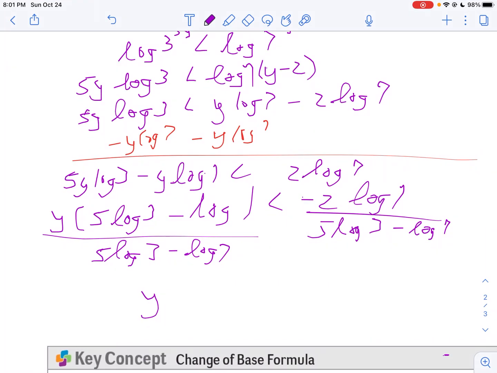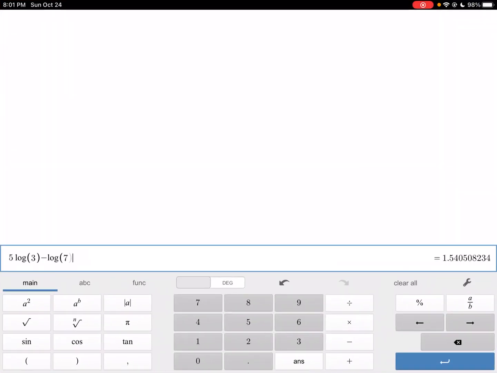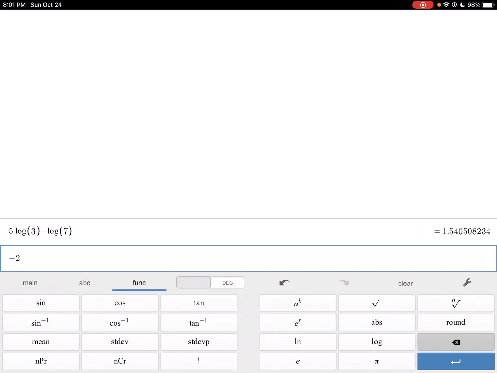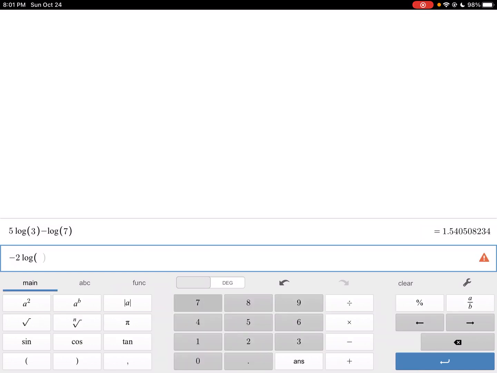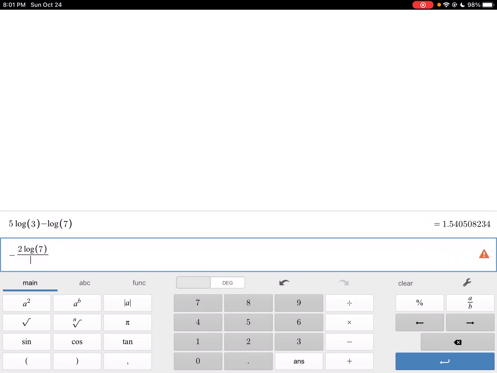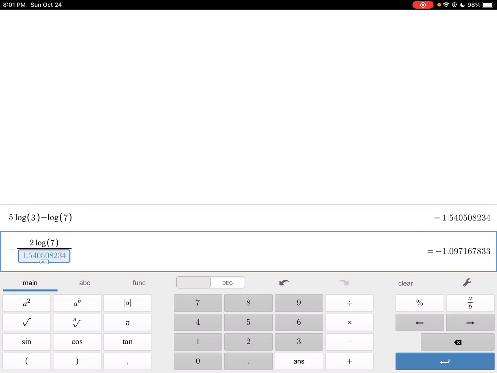So I'm going to have y is less than negative 2 log 7 divided by my answer. So I'll say negative 2 log 7 and we'll divide by 5 log 3 minus the log of 7. And I'll say that's about negative 1.10.